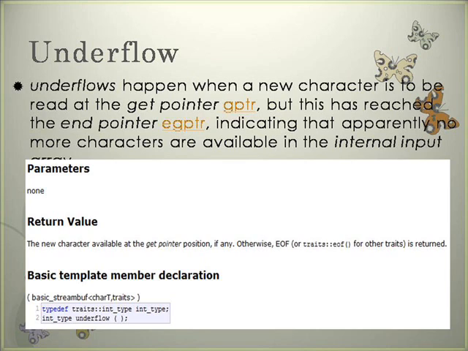Underflow happens when a new character is to be read at the get pointer, gptr, but this has reached the end pointer, egptr, indicating that apparently no more characters are available in the internal input.